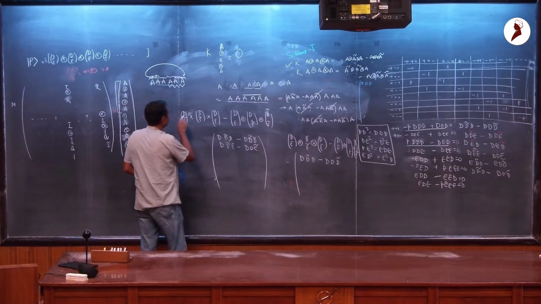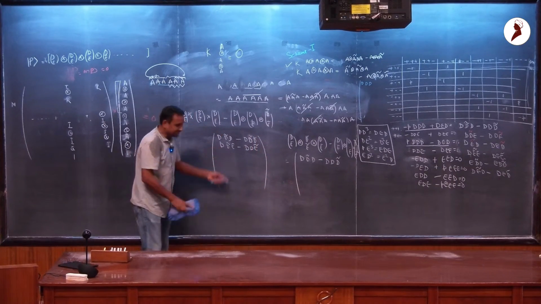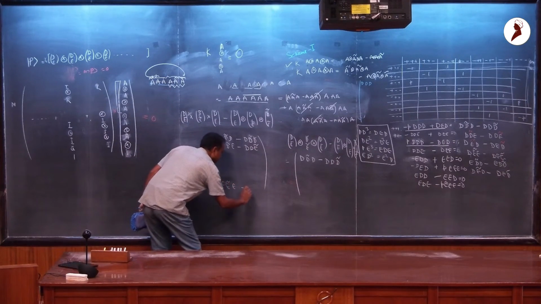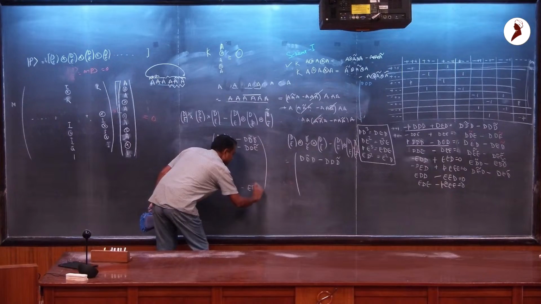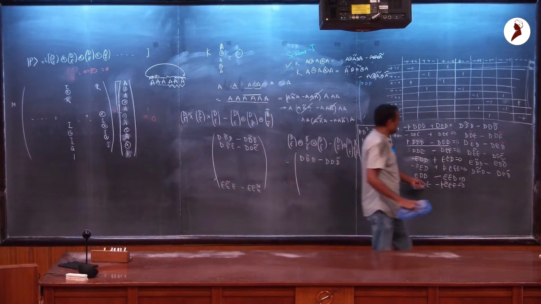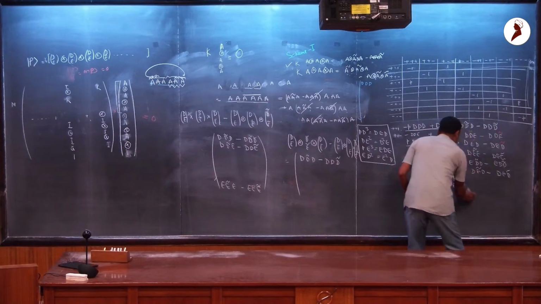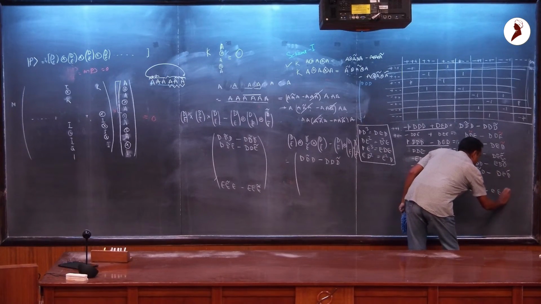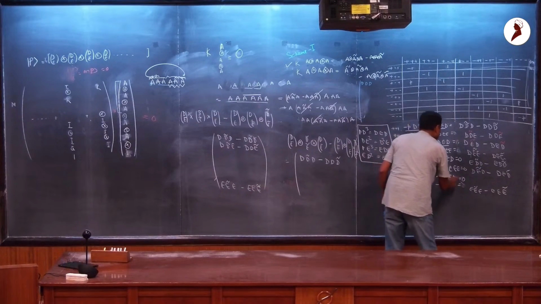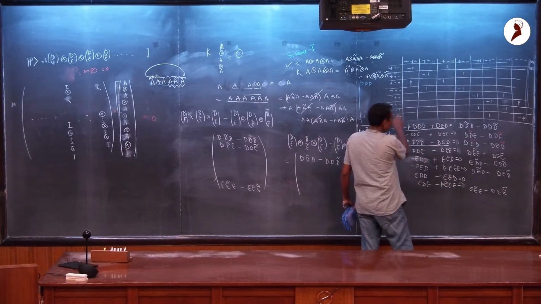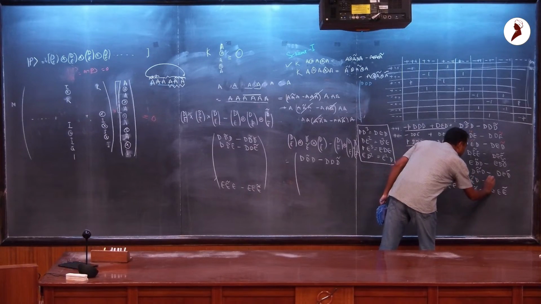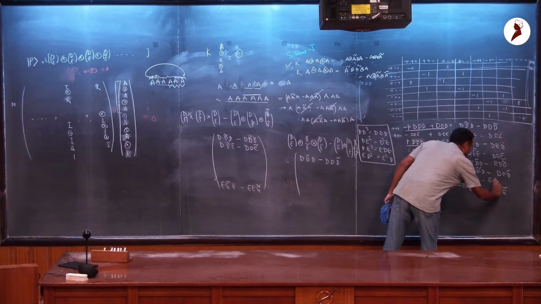The next one, like that. So there are 8 elements. The last one is e tilde e minus e tilde, and this one is e e d. So this is e tilde d minus e d tilde.